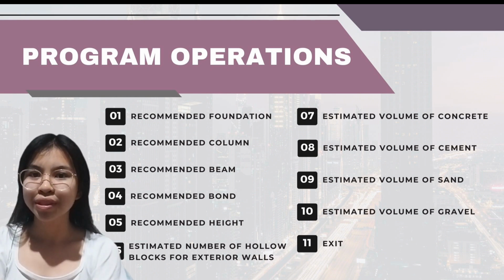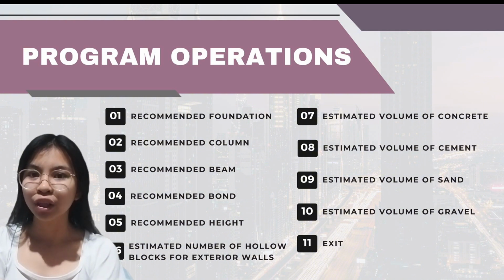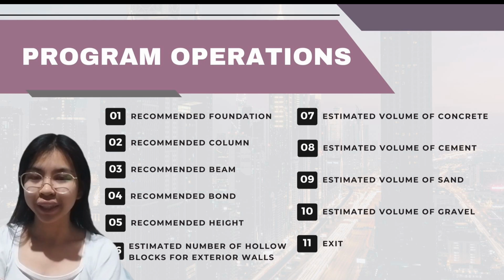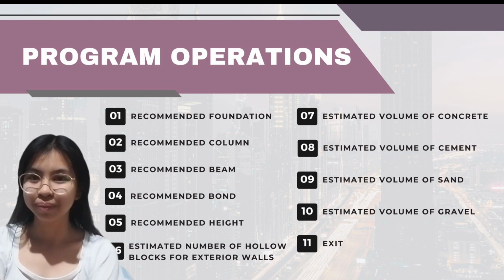It also determines the optimal height of the building and approximates the quantity of blocks required for the walls. Additionally, it aids in concrete mix planning by predicting the quantity of gravel, sand, and cement needed. All things considered, this program guarantees that the appropriate materials are employed for the project and expedites the planning process.